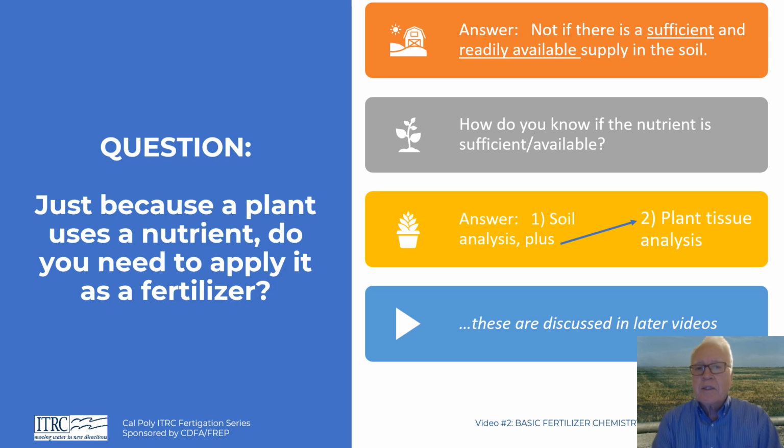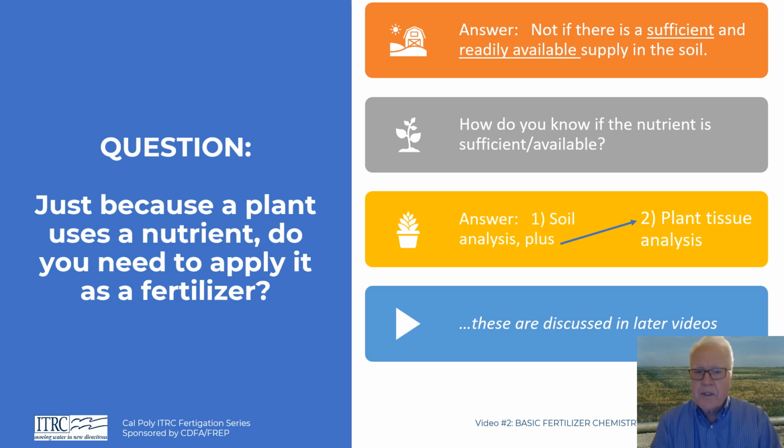The second question: how do you know if the nutrient is sufficient or available? There are different technical terms used in the industry: sufficient, available, things like that. But here's the answer. One is you take a look at a soil analysis, and I'll talk about that later. The soil analysis tells you what's in the soil. And then the other is the plant tissue analysis.